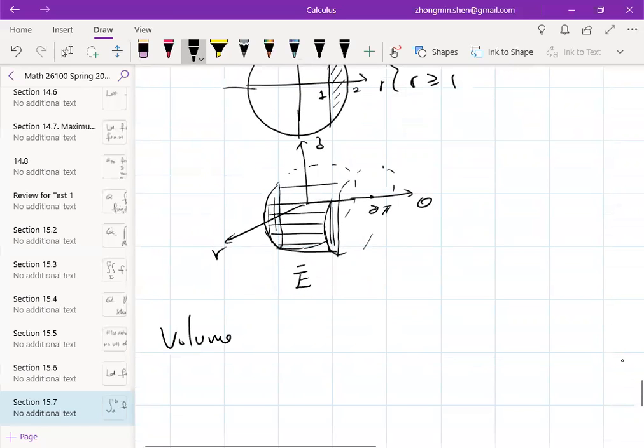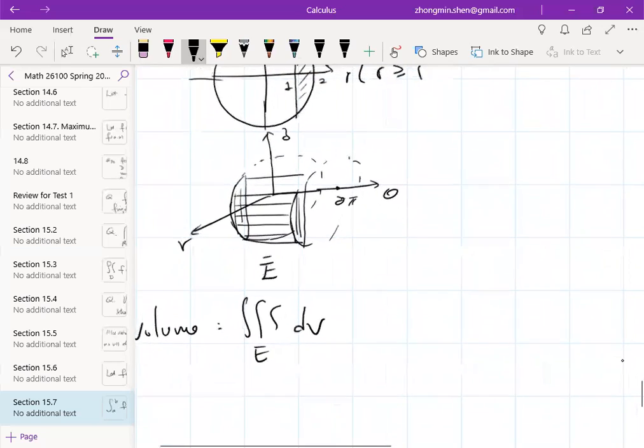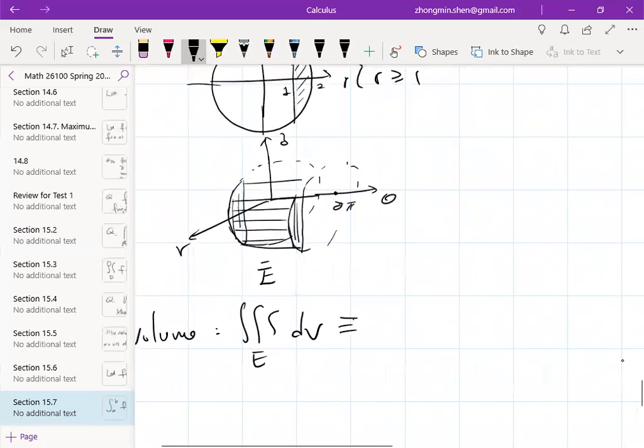All right, so let's look at the volume. The volume is going to be the triple integral over E, right? This triple integral is going to be the triple integral over E bar, with R and then dV bar, okay?